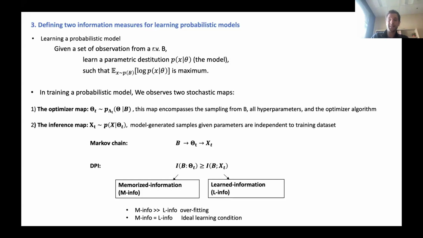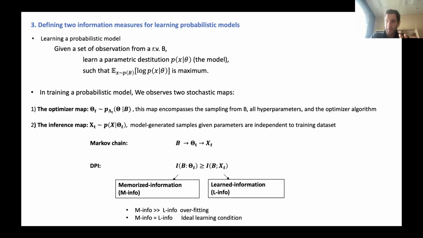Whatever your task is, if your task is to generate samples similar to B, for example B is images of cats and you want to generate X similar to cats, this measures how much your generated sample has information about the ground truth variable. So these are going to be our two information measures that we want to compute in this process.